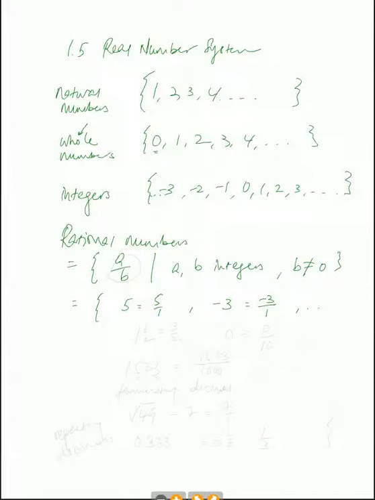What about things like 1.5? 1.5 is also a rational number because you can write it as 3 over 2. So long as you can write it as something over something, it's a rational number. What about the number 0? The number 0 is also rational because you can call it 0 over whatever, anything you like, 0 over 10.